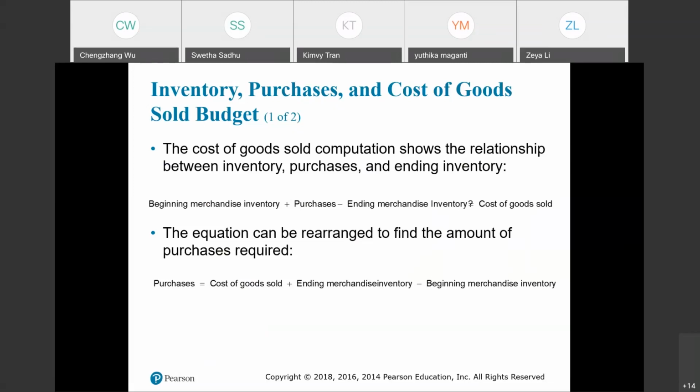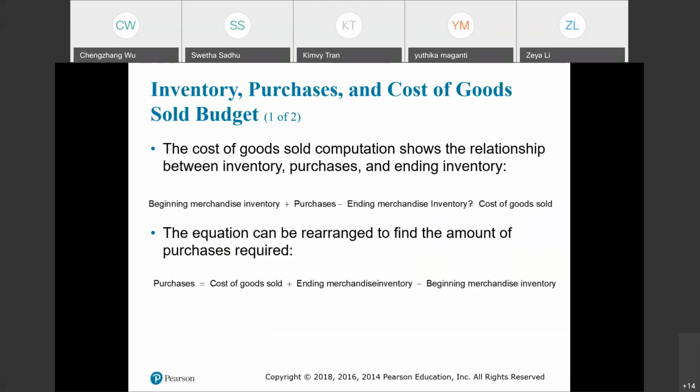This company has a rule for ending merchandising inventory of at least $20,000. This is the fixed part, plus 80% of the next month's cost of goods sold.